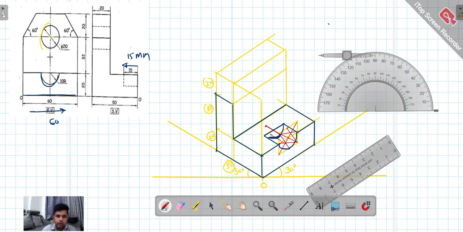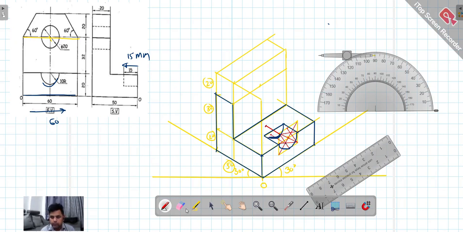Okay. So what I understand here, at this midpoint, see, this circle is there where at the center, on this line, here the circle is there. The diameter of the circle is again 20. So as this is 60, the midpoint is 30. So here we need to draw a circle. Okay, but that I will draw in the last.